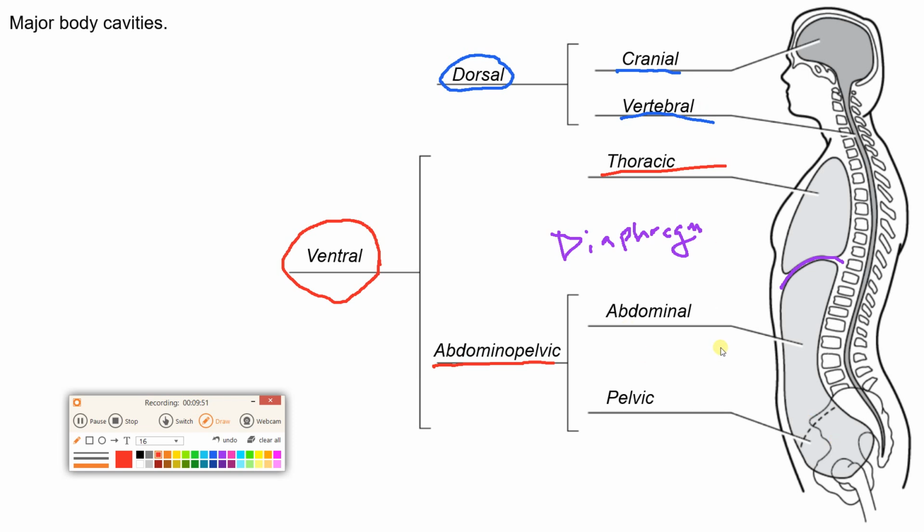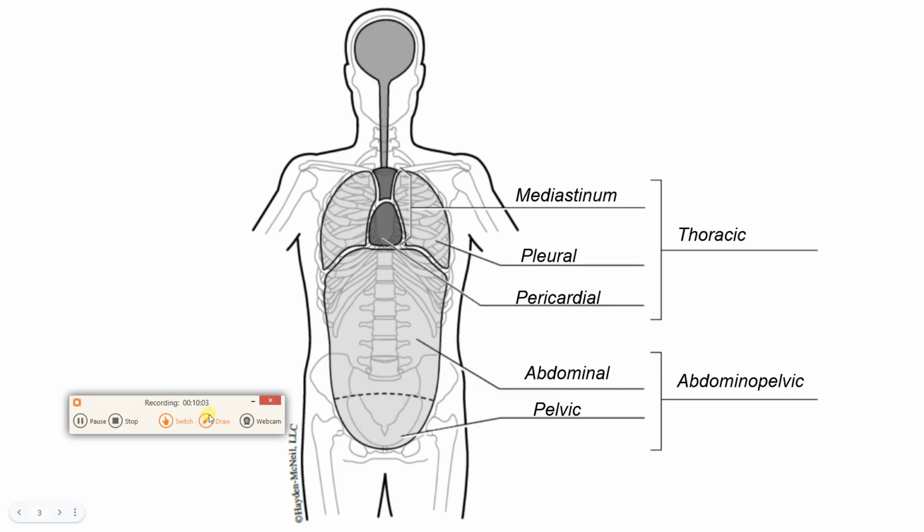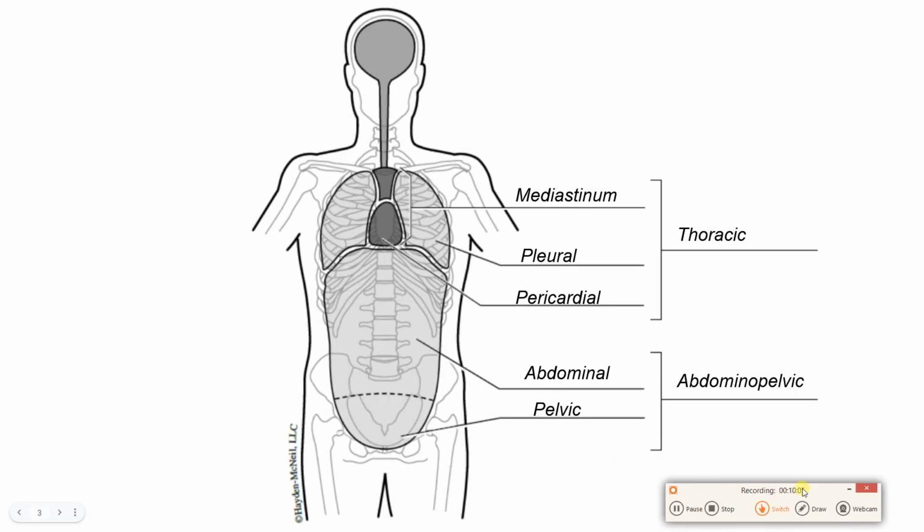So those are my major body cavities and their major subdivisions. Okay, so let's switch our view here. So now I've got a guy who has been cut in a frontal section. Now notice that I can still see my dorsal body cavity.